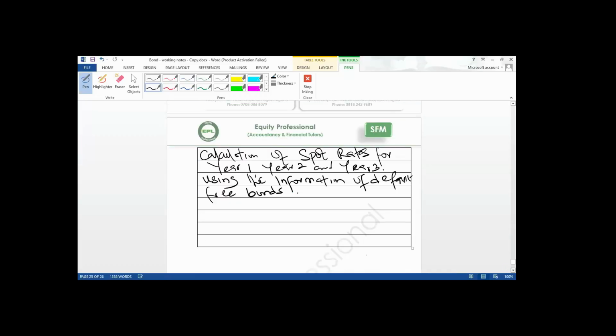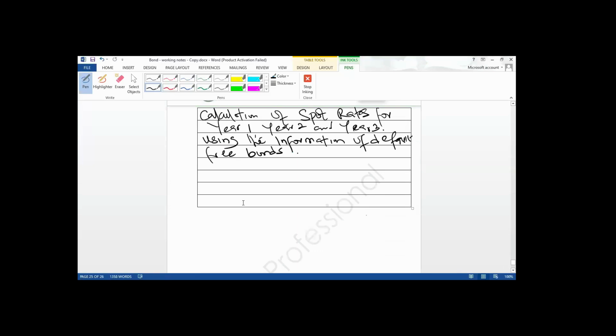We are going to use information on default free bonds for the calculation of our spot rates.